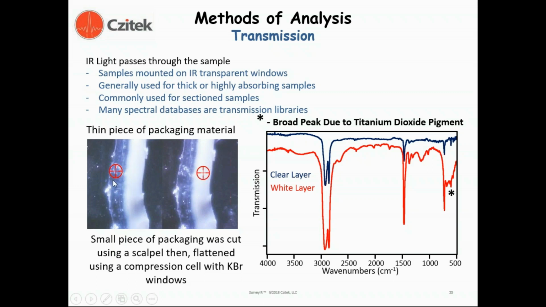You can see that we have a white layer and a clear layer on the spectra on the right, shown in transmission. We can see that the material in both cases is polyethylene. However, in the case of the white layer, there's some additives, probably titanium dioxide, but other materials as well that are probably part of the pigmentation of that particular sample.